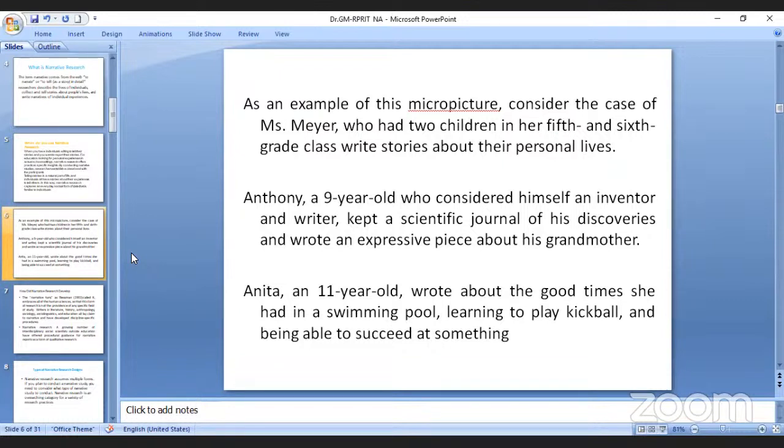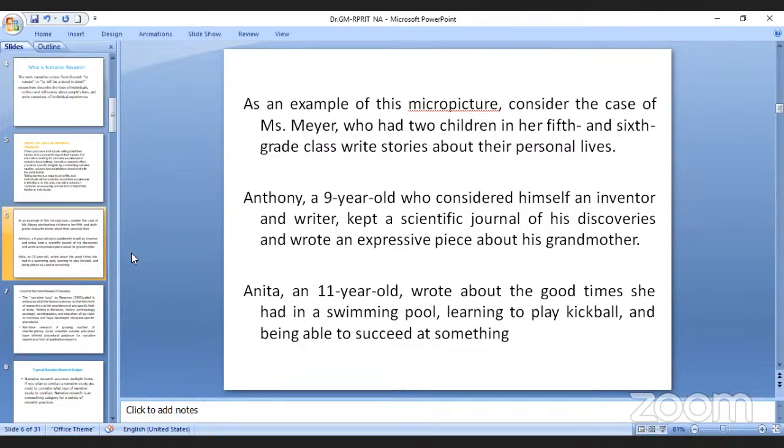Another story is about a 9-year-old who considered himself an inventor and writer, kept a scientific journal of his discoveries, and wrote an expressive piece about his grandmother. So children do like their grandfather and grandmother.